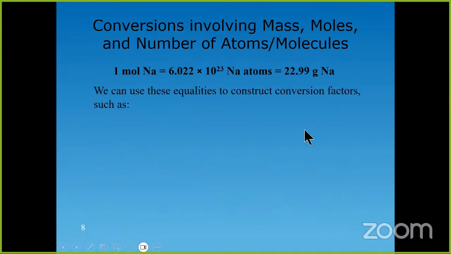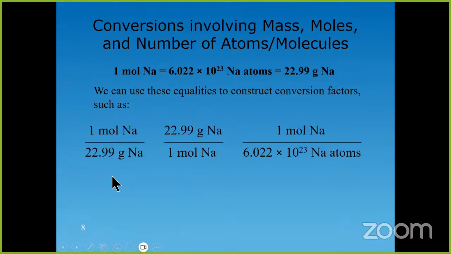Okay, so therefore, based on what we have covered so far, we should be able to solve problems involving conversions from one unit to another as it relates to mole to atoms, let's say, or molecules or ions, and to the molar mass, right? So therefore, we can construct conversion factors which represent relationships between any two of these three values that are equal to each other, right? So one conversion factor could be this, depending on the type of calculation you're trying to achieve.